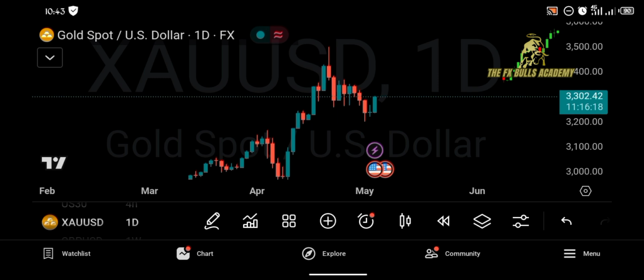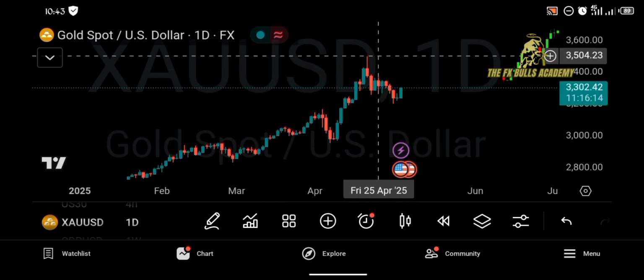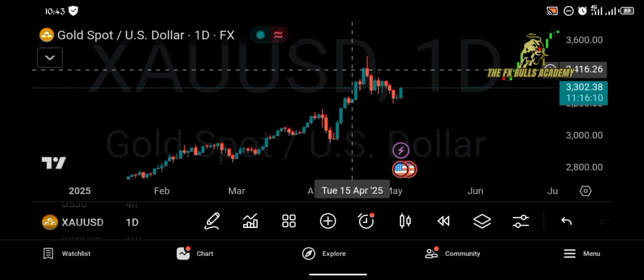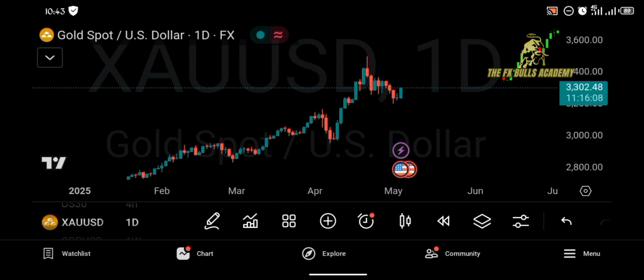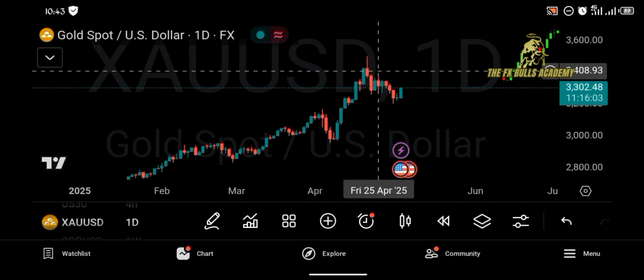Now on XAUSD, as you guys can see, we have been on an uptrend. XAUSD has been buying, but for the past 1 week it has been trending down, just a minor little trend down.